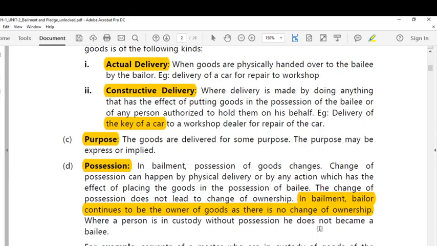So, in case of a bailment, as a bailor, I will remain the owner of that car, but the possession will be with someone else. So, the person who is having the possession will be called a bailee. If the possession is not there, then he cannot be the bailee.